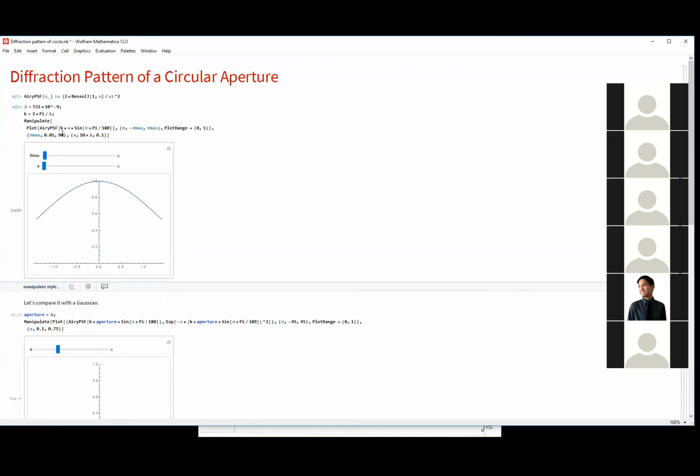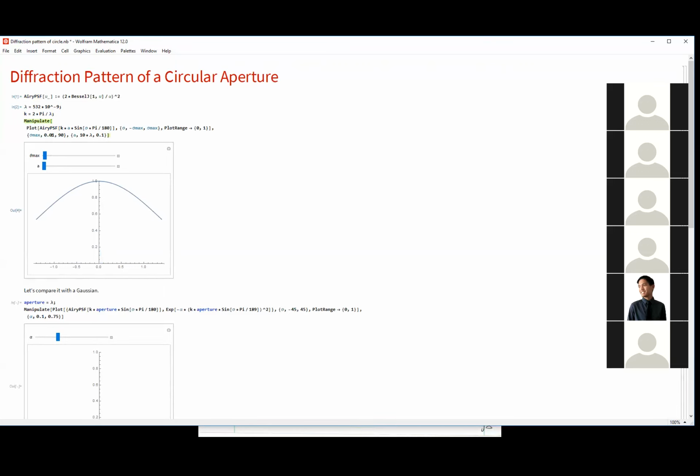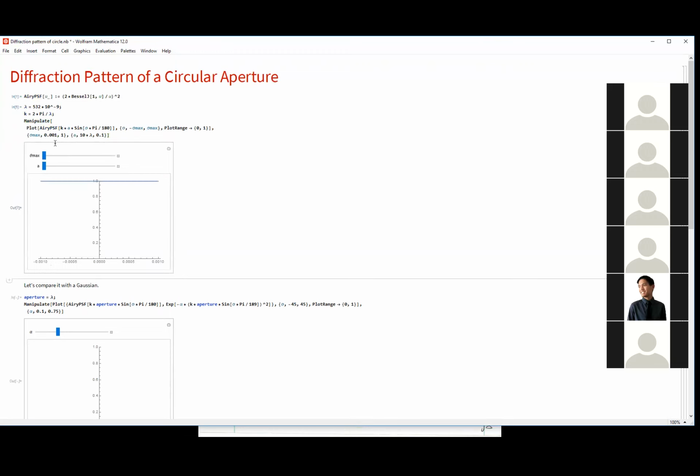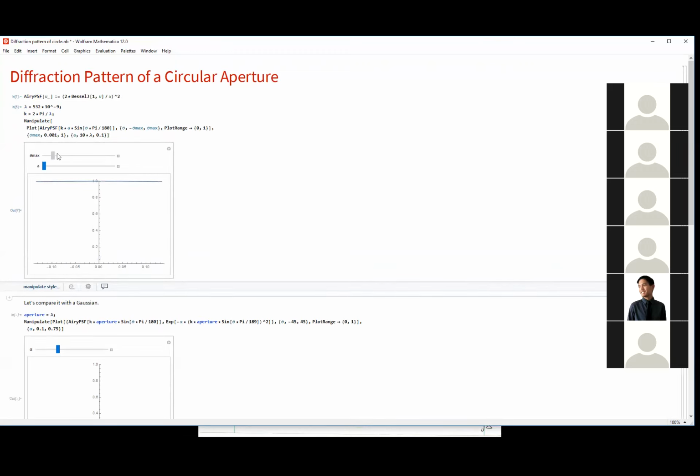So I'm going to change theta max range. Instead of going from 0.01 to 90, I'm going to have it go from 0.001 to 1. And then we can make it a little bit bigger, right? But it is really tiny.